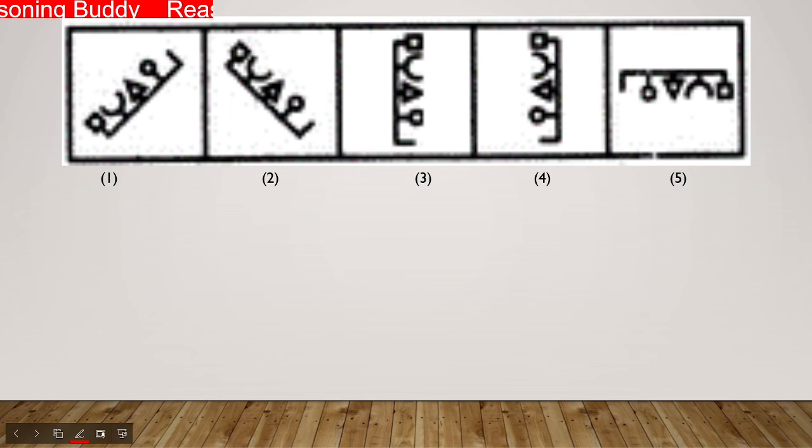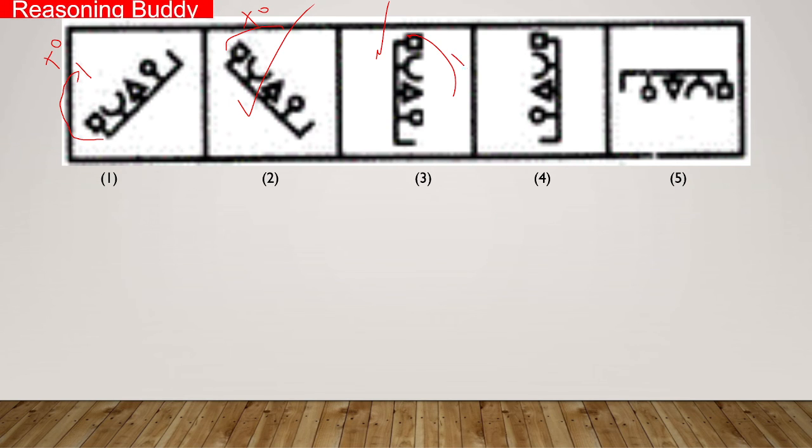So see here. If you rotate this figure x degrees to the right, then you get this figure. If you rotate this figure x degrees to the right side, you can get this figure. So if you rotate this figure x degrees, you can get figure 5.